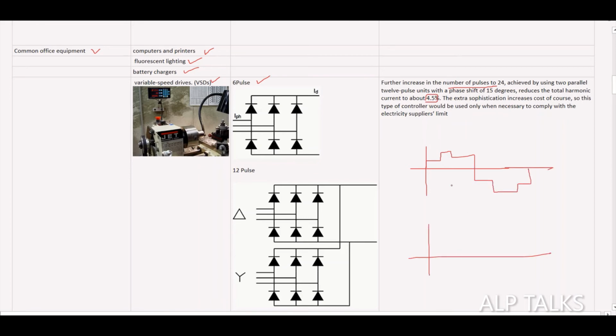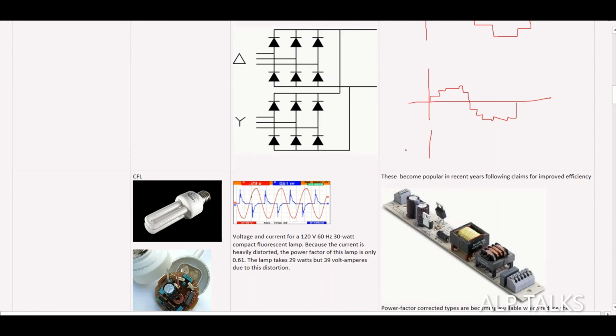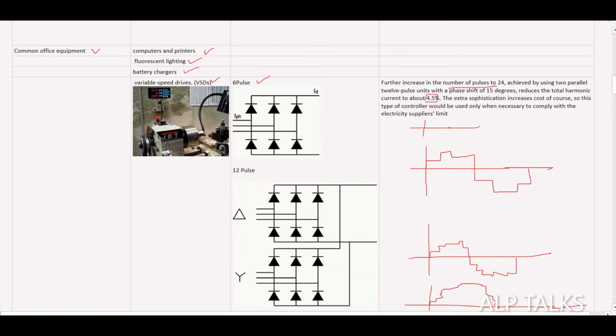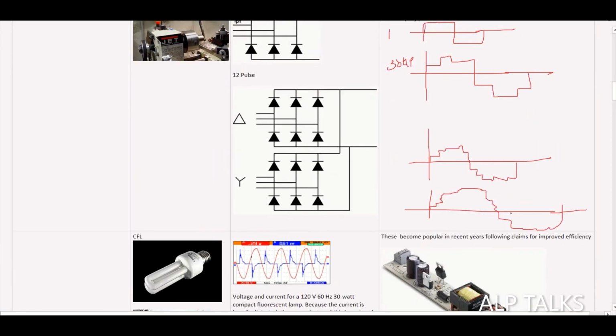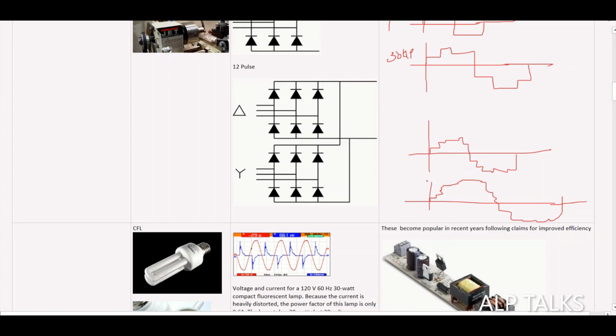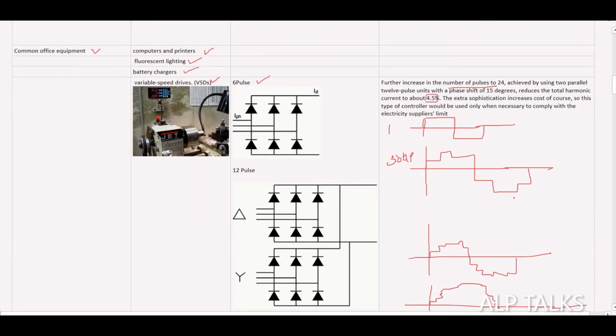If you increase the pulses, let's say this is 3 pulse, we can take more pulses. If we keep increasing the pulses, it becomes almost closer to a sinusoidal waveform. A normal square wave will be like this, a single step wave. This is a 3-step wave. So by increasing the pulse number, we can reduce the harmonic impact on the electricity supply.